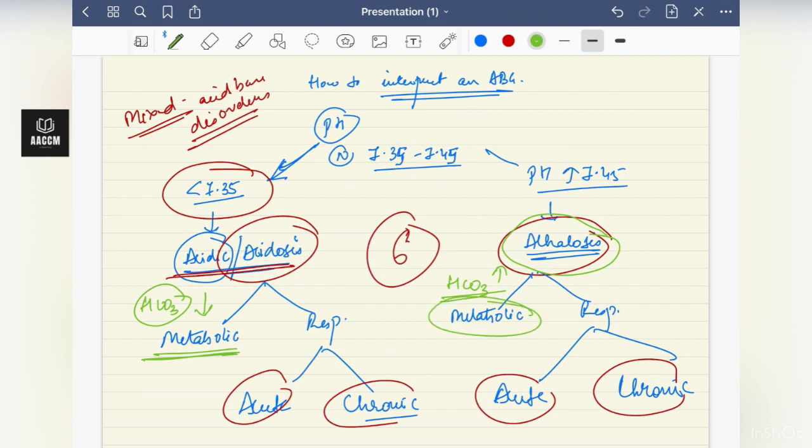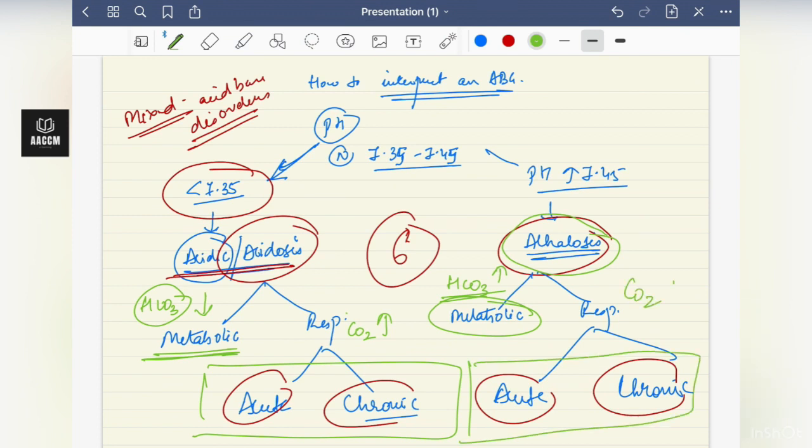Okay, so in the respiratory component, both in acute and chronic, if the CO2 levels are rising, it's called respiratory acidosis, and in both of these, if the CO2 levels are decreasing, it's called respiratory alkalosis.